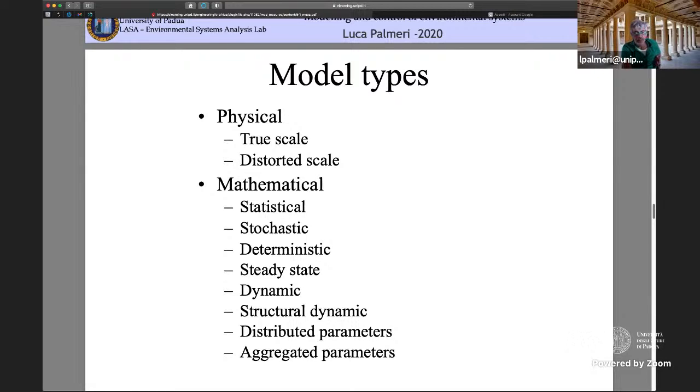This is opposite to describing your system by employing a deterministic mathematical model.